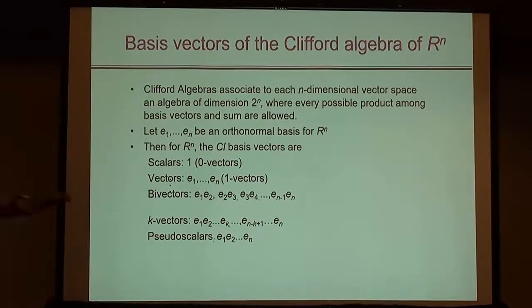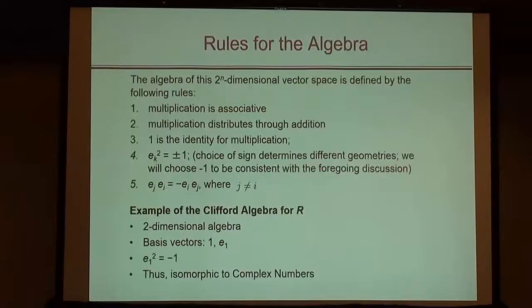Now, a well-known result of Clifford algebra is the vector wedge product that is used in multilinear algebra. That's sort of well-known.